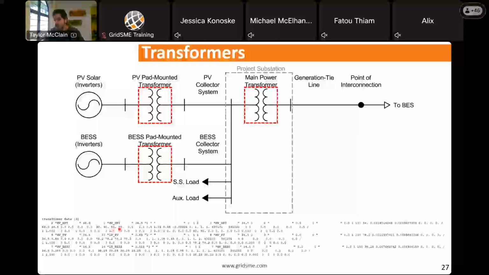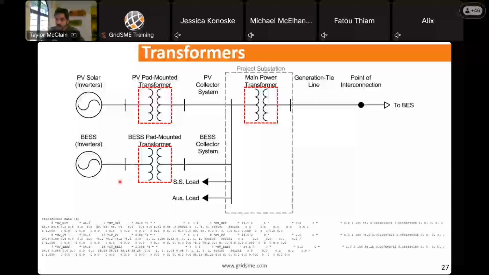In this particular example, this is just a 2-winding transformer, and you'll see that we have an MVA base rating and impedance values for the transformer for only 2 of the windings. And then down here we have the PV pad mount and the BESS pad mount, found here and here.